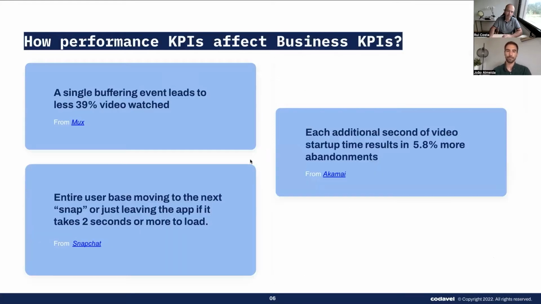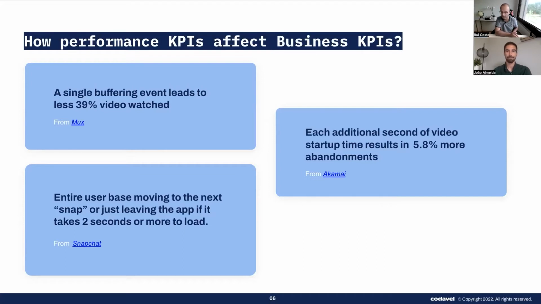And when you look at things like video, for example, we have this one that is old, but it's still very actual. The performance benchmarks by Akamai show that when you're trying to provide a video to the end user, and the user presses play, you have 2 seconds to deliver the video. And after those 2 seconds, if you don't deliver the video, users will start to drop out.